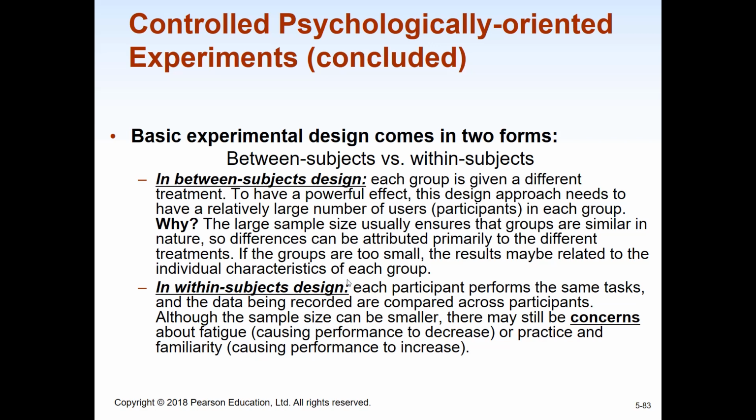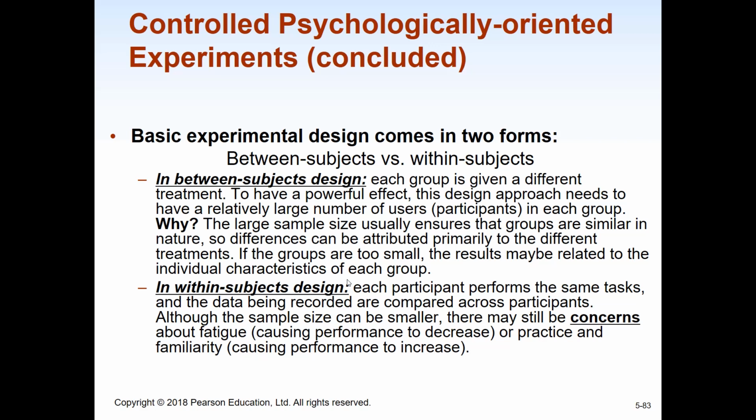This design approach needs a relatively large number of users, participants in each group. Why? The large sample size usually ensures that groups are similar in nature, so differences can be attributed primarily to the different treatment. If the groups are too small, the results may be related to the individual characteristics of each group.